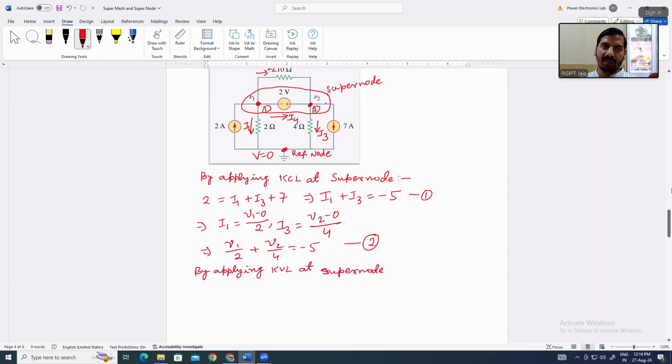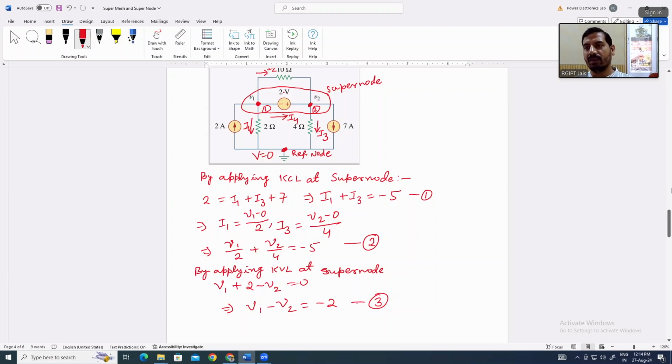So if we assume that V1 is greater than V2, by applying KVL we can write V1 plus 2, that is 2 volt due to this voltage source, minus V2 is equal to 0. It means we have got another equation, that is V1 minus V2 is equal to minus 2, equation number 3, right? So if we solve equations number 2 and 3, we can easily get the values of V1 and V2.